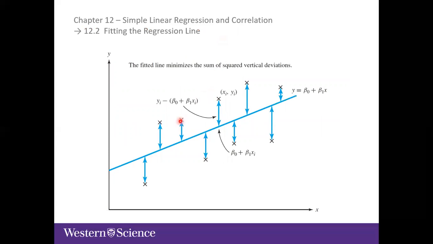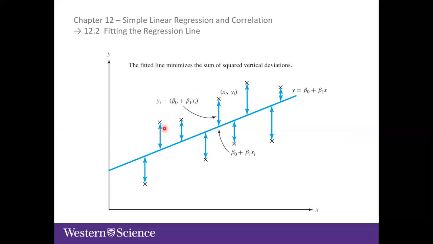So graphically, the idea is that if we have some hypothetical line, say with beta naught and beta 1, given these values of beta naught and beta 1, we can fix this line. And given the data, we can take the vertical differences between the data points and this linear line, and then take the squared sum.